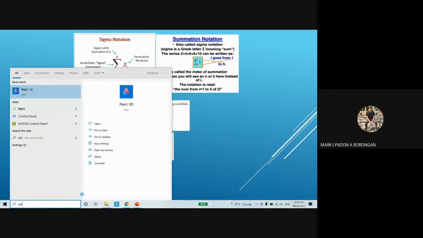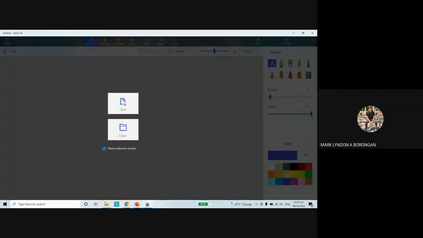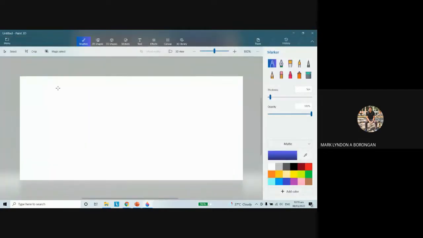Okay. So, I is equal to 1 up to 6. Then the square root of n divided by n plus 1. So, sa first term, unsa man itong ibutang diri? Anybody?